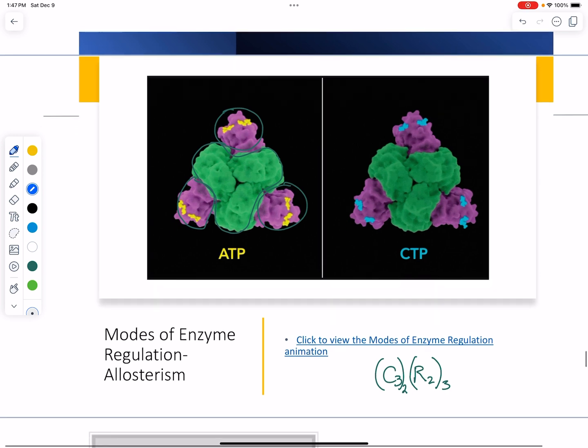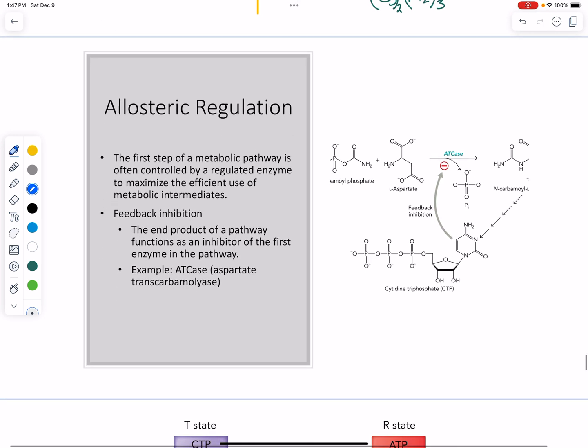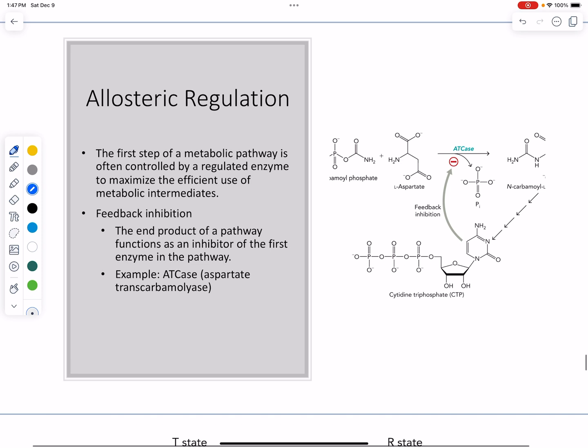So how does allosteric regulation in ATCase work? Remember that ATCase is responsible for pyrimidine biosynthesis, and those are our C's and our T's and our U's.